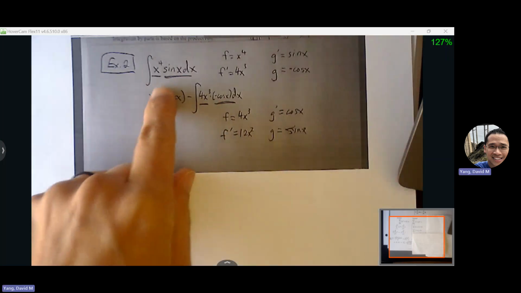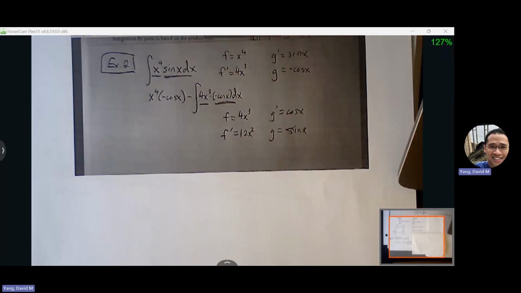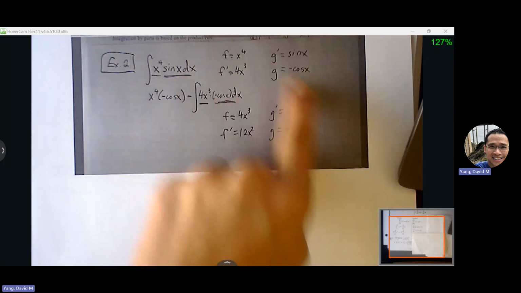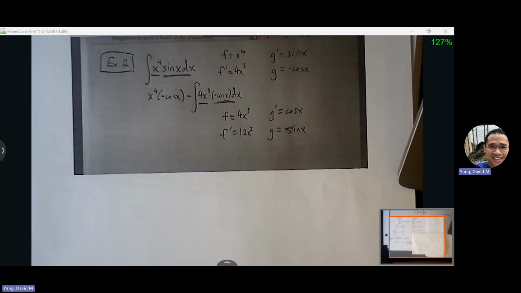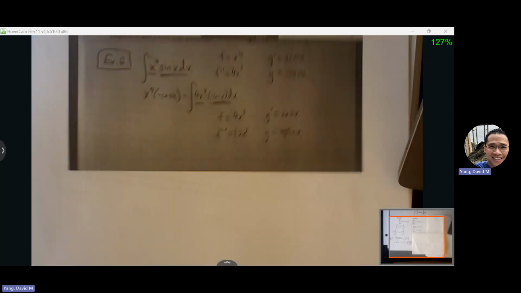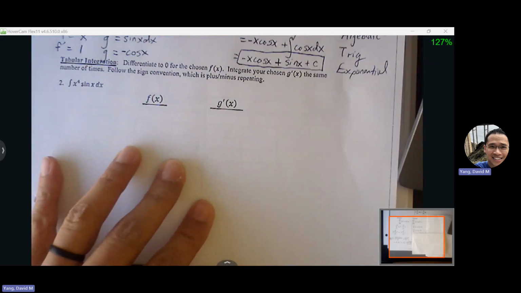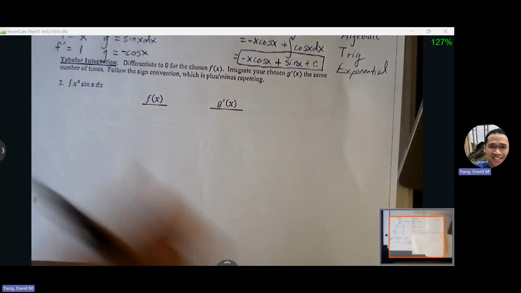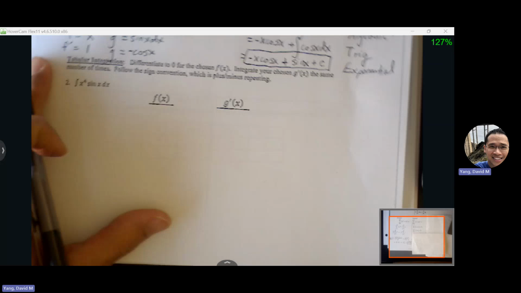So in order for us to avoid having to deal with all the messiness of these nested problems, there's a pattern that can allow us to get to our answer a lot faster. And that is where this tabular method is going to come in handy, especially if we have these nested integration by parts problems.